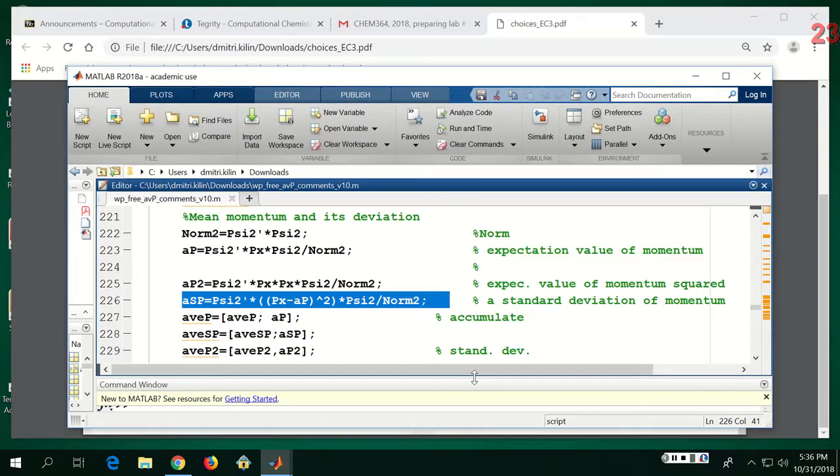And a couple of lines below, there should be a piece of code to accumulate values of this uncertainty of momentum along the code. So it is ASP. Here is the average SP in the line 228. So if we are curious in the expectation value of momentum, we may want to practice a plot of this EVSP.